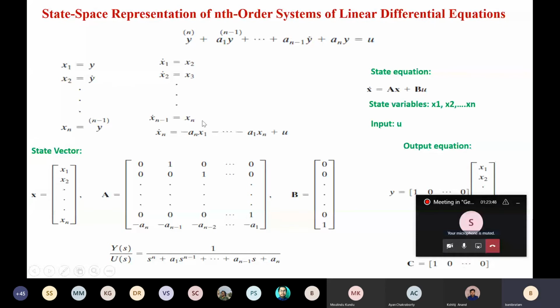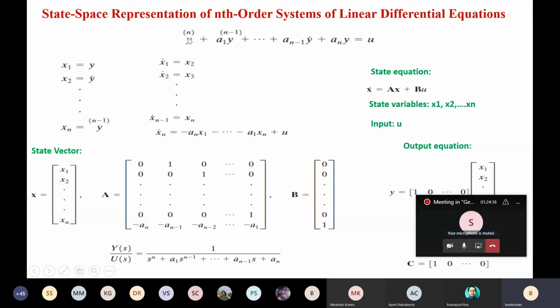Because here x(n-1) dot equals xn, and this xn is your y^(n-1). You see here, xn means y^(n-1). But here I have y^n. So y^n is nothing but xn dot, is it not? So this one is xn dot.